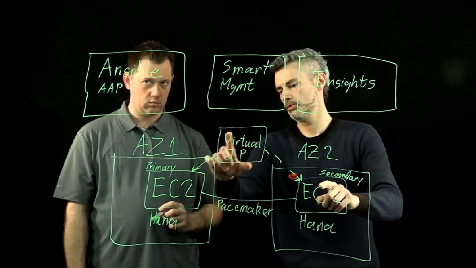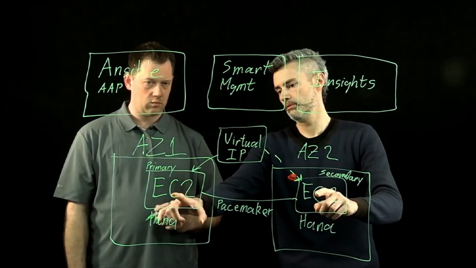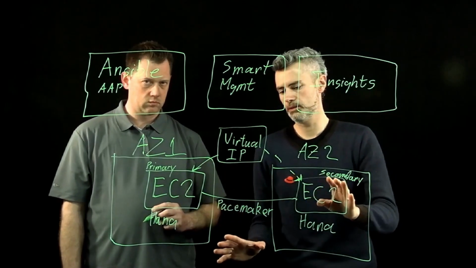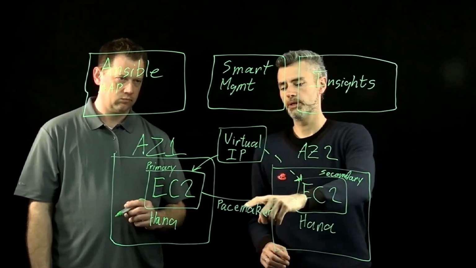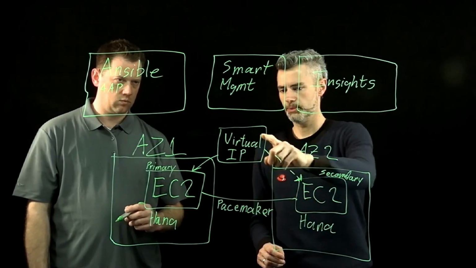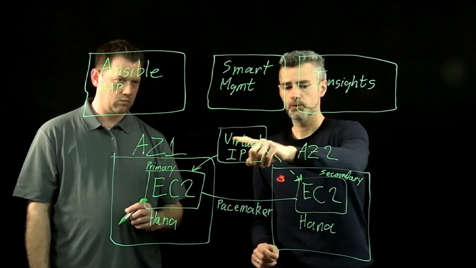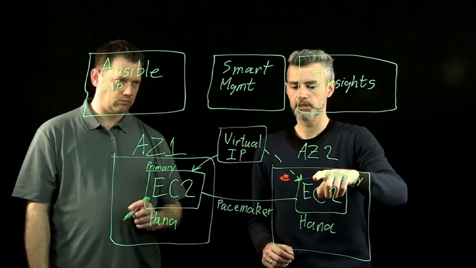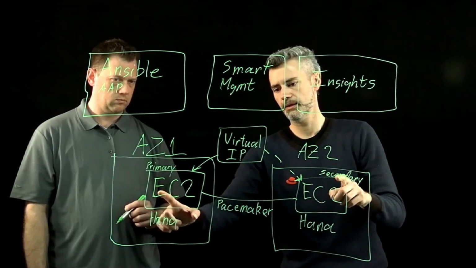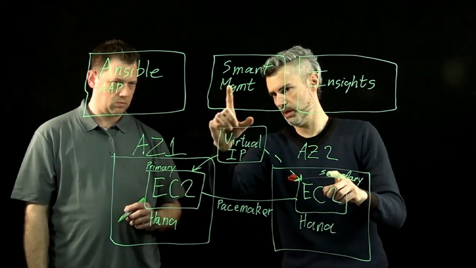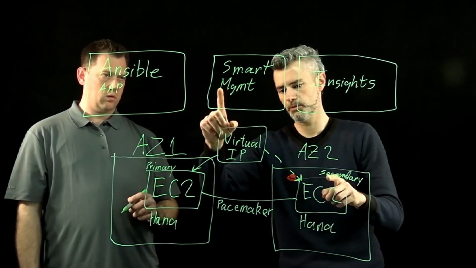The users will be connected to the primary server, so they won't see any interruption whatsoever. Once this is done, Ansible will trigger the failover of the virtual IP of the pacemaker, right? So this one that has already been patched will become the primary, and we will do the patching here. So the patching will be done by smart management, controlled by Ansible automation platform.